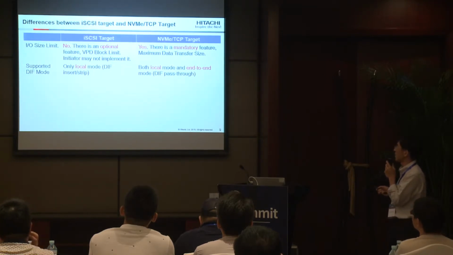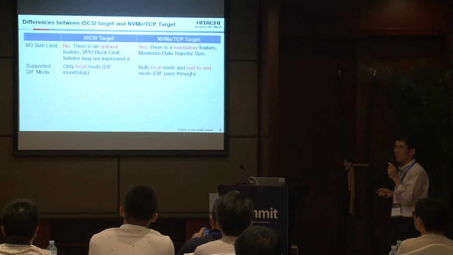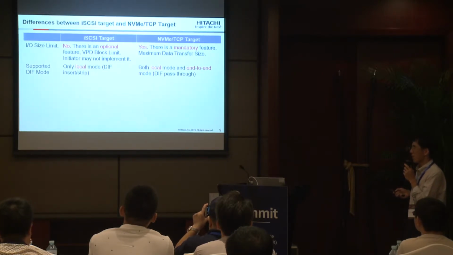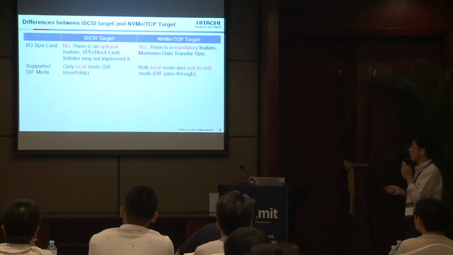The first one is for iSCSI target, we can limit the maximum I/O size by the block limit, but this feature is optional, so we can't limit the maximum I/O size upfront, so we can't gather all incoming data before submitting to the bdev layer.